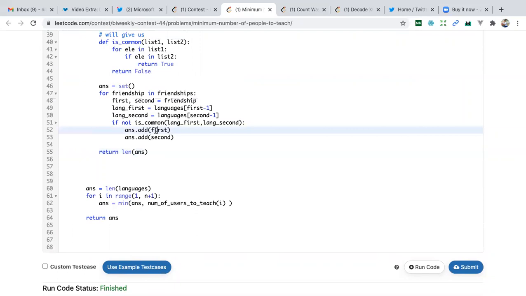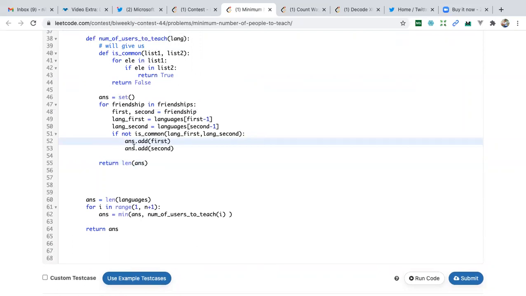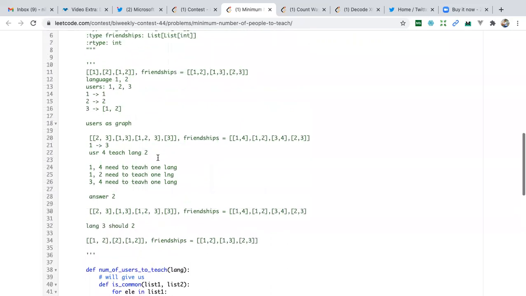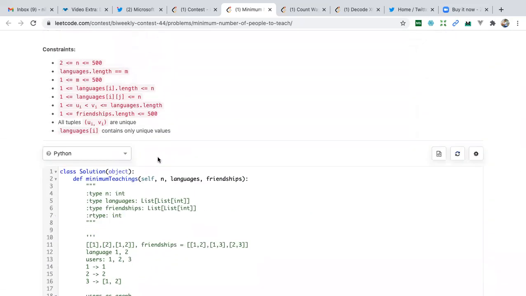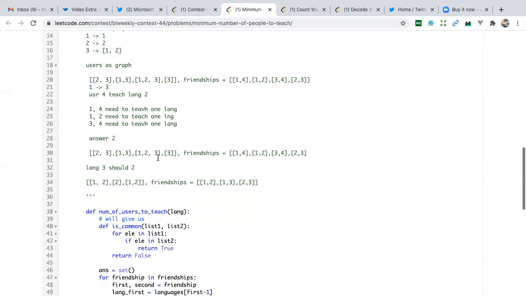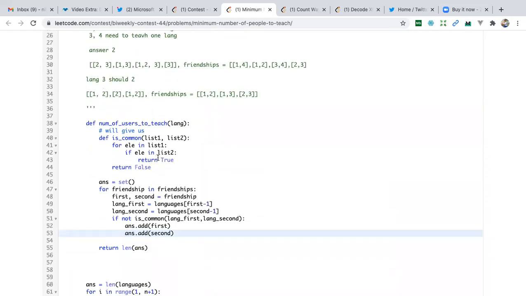So shouldn't it be just like, we don't need to put 2, right? We can only put 1. Yes, we have to put 1. Because if you teach 1, but which one should you put, the first one or the second one? Maybe let's try with just putting the first one, because we have to teach only one person one language, right?